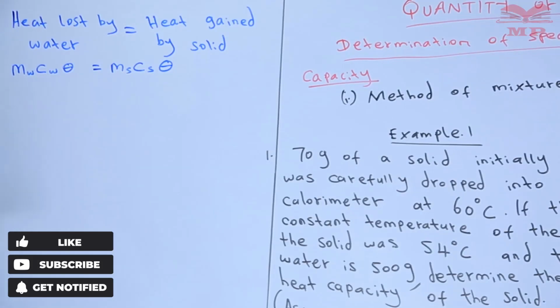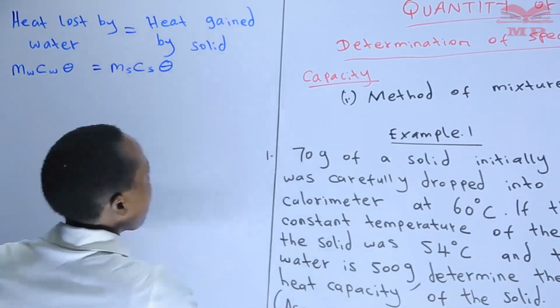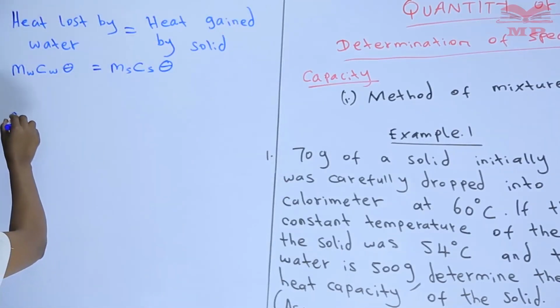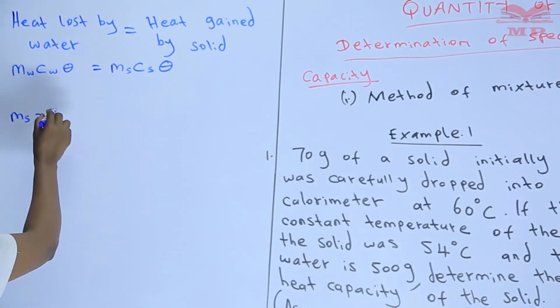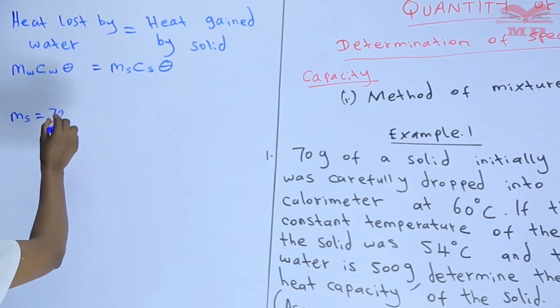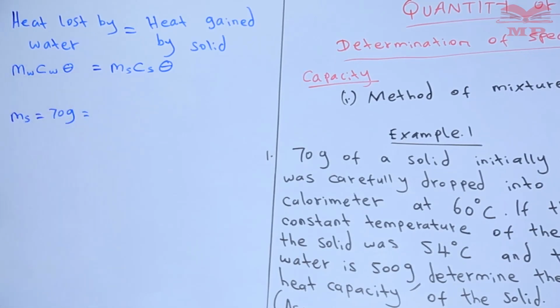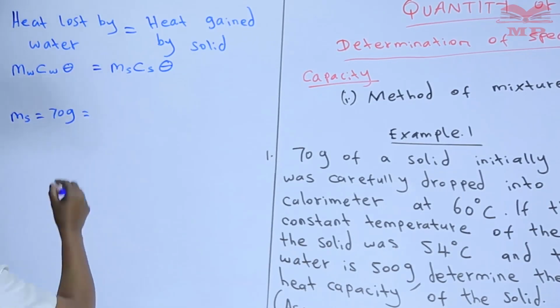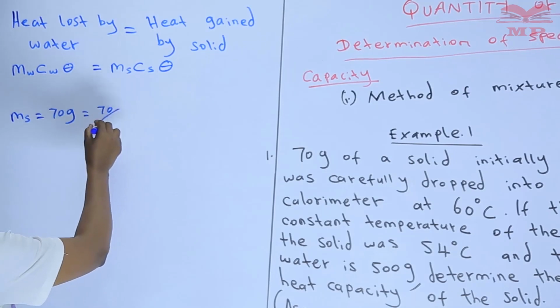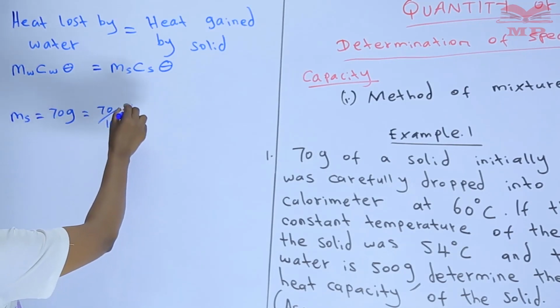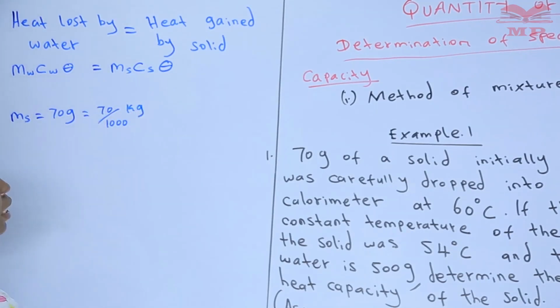So in our question, we are told that the solid has a mass of 70 grams. We can change it into the SI unit, which is kilograms. So we'll have 70 all over 1,000 kilograms. Then the solid has an initial temperature of 25 degrees Celsius.